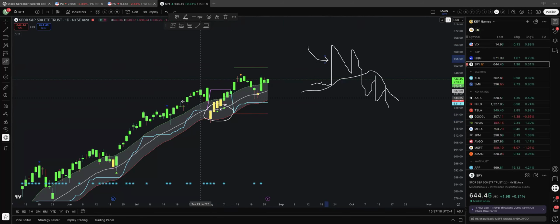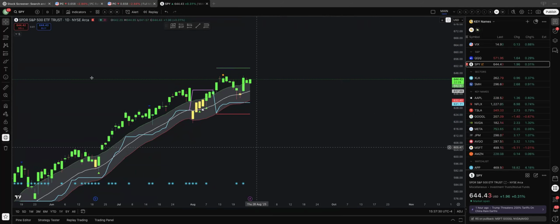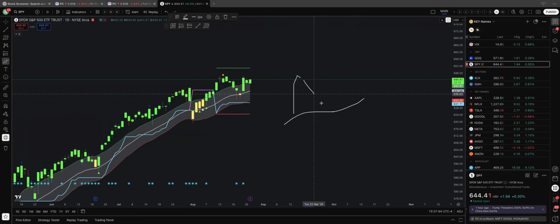And then these signals here are meant to indicate, hey, we're losing momentum and we might head back to the moving average. So there's really just two ways a stock can trade. This is the moving average. It's either going to explode away from it or come back to it.